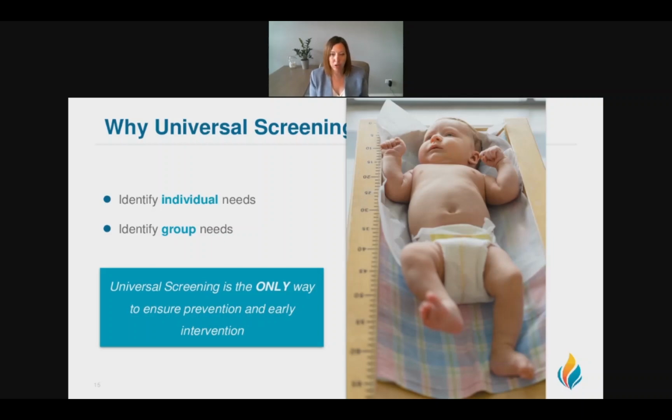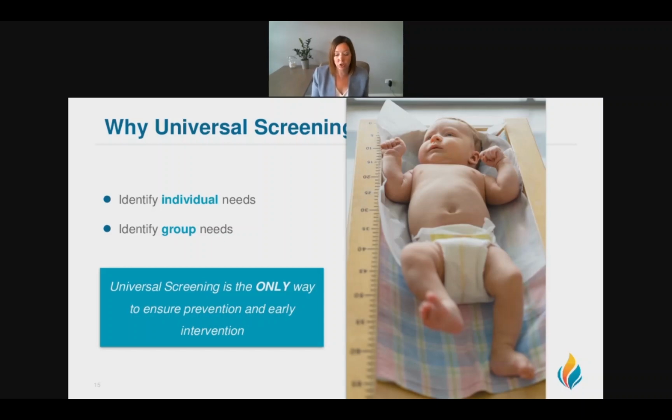But it's really important that we think about universal screening as essential to ensuring that we have a system that's really focused on prevention and early intervention. If we have a system that waits for individual teachers or family members to refer students for additional support or to identify when there might be tier one needs, we've flipped to a fully reactive system, and we no longer have this preventative system in place where we can prevent small achievement gaps or small skill gaps from becoming larger achievement gaps that will take longer and become more difficult to remediate.